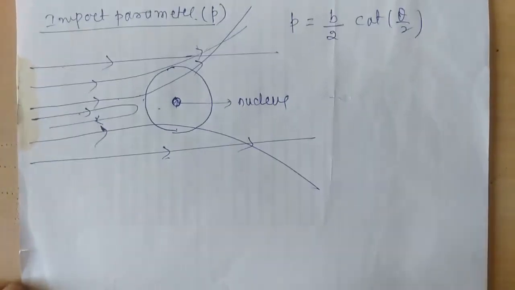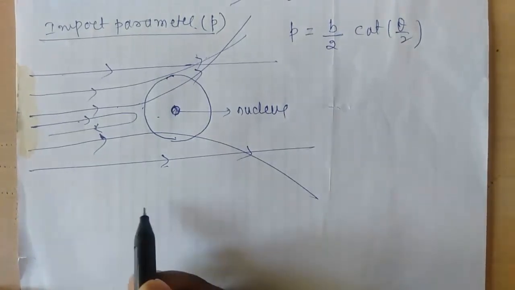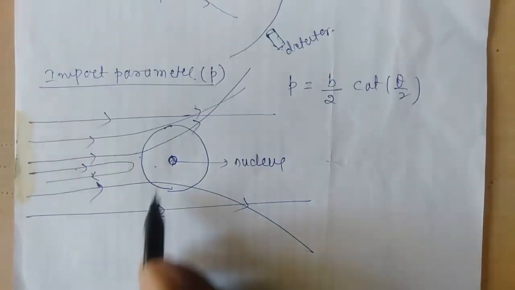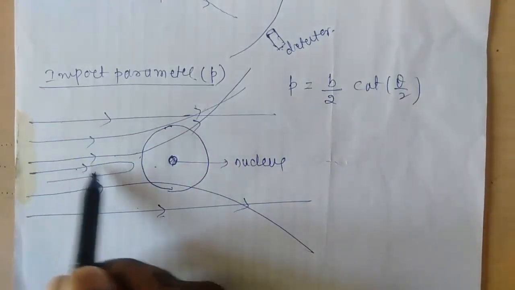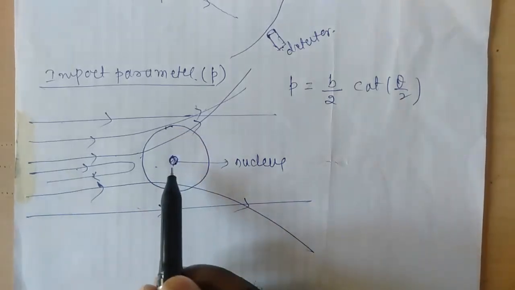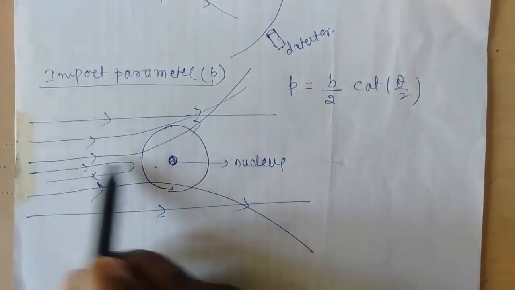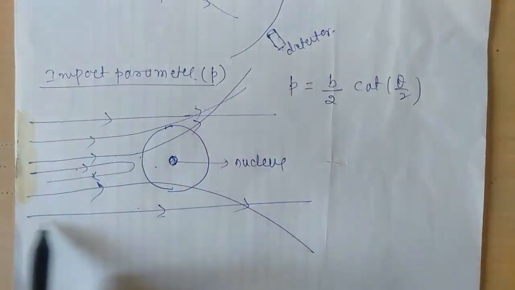What we are going to exactly measure here, first let us consider this diagram. Those alpha particles which are incident a little bit near the nucleus have a probability of getting scattered, and those which are incident a little bit away pass undeviated.